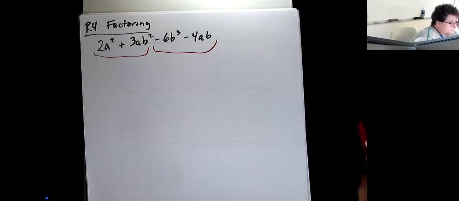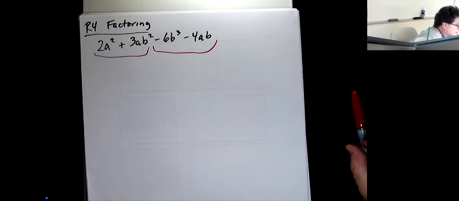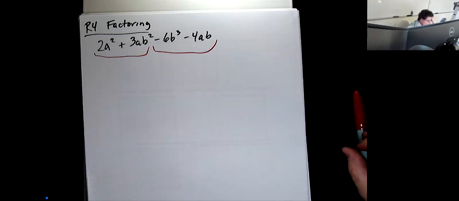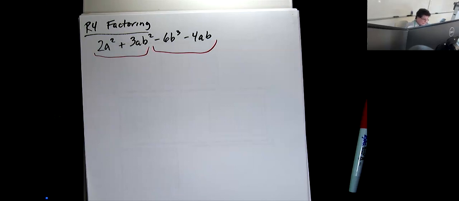You have an idea? Oh, I messed you guys up with having a's and b's in there, didn't I? Wait, is that minus 6b or 66? Minus 6b cubed. 66 cubed would be ugly. Yeah, that's why I thought it was 66 cubed.